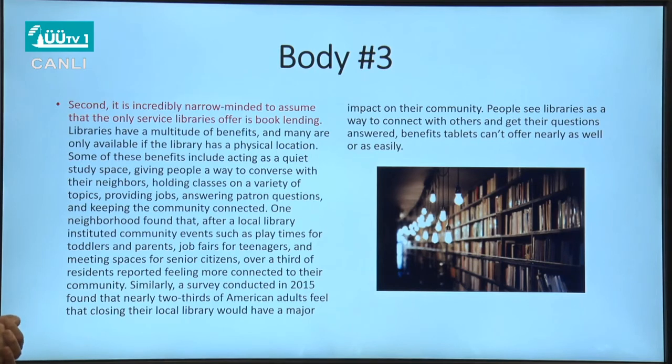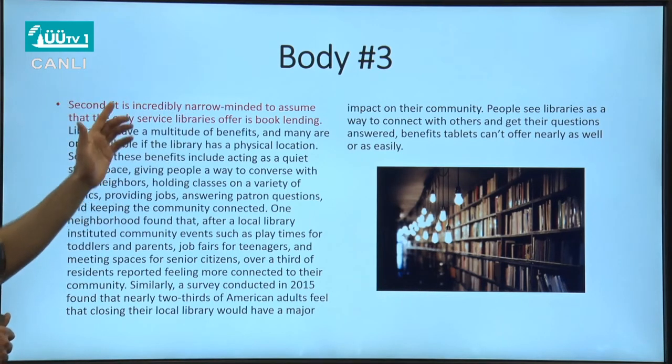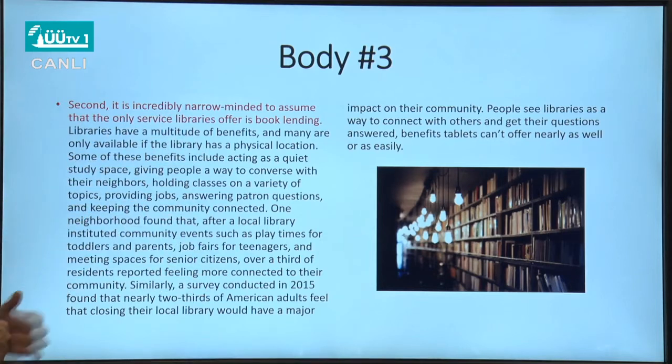Second, it is incredibly narrow-minded to assume that the only service libraries offer is book lending. So this is the topic sentence. The topic sentence is then going to be supported by reasons and examples or statistics, research, different types of studies to back it up. So libraries have a multitude of benefits.